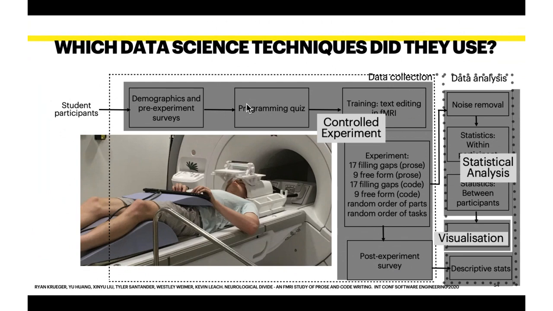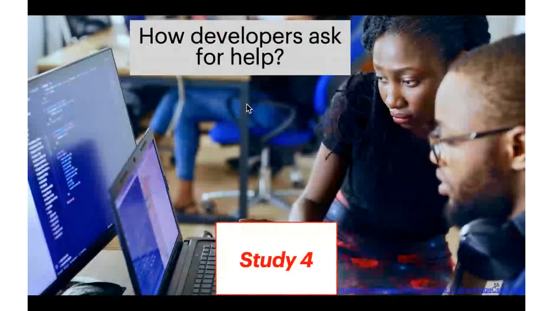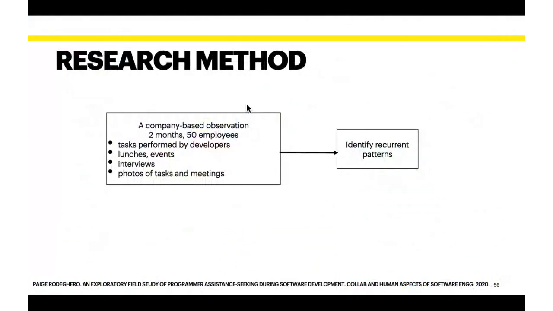A very brief discussion of the next study. The next study was related to how developers ask for help. In this study, the author Paige Rodeghero from Clemson University went to a company and essentially observed what was going on there for 2 months.